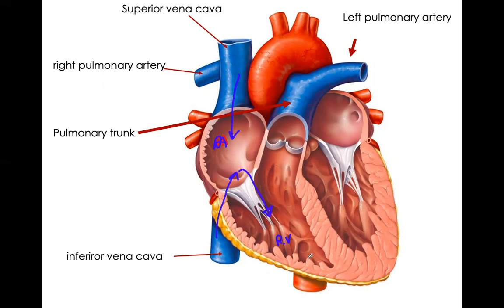And from the right ventricle, this blood is going to be pumped out through this big blood vessel right here, called the pulmonary trunk, and then branch, one branch being on the left side, correct? This is your left side. So that's your left pulmonary artery. And then this branch right here is your right pulmonary artery.